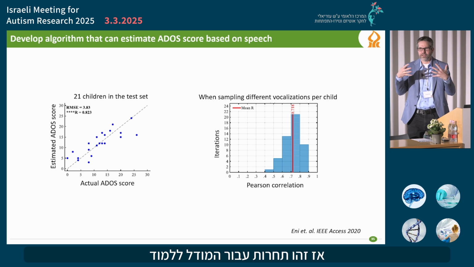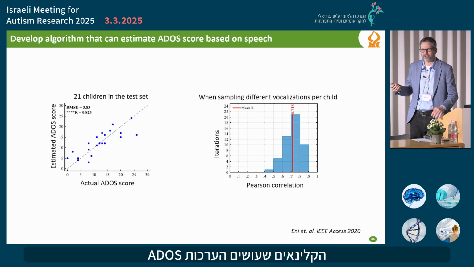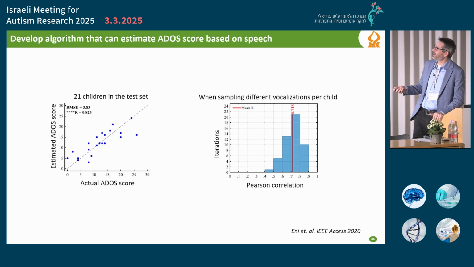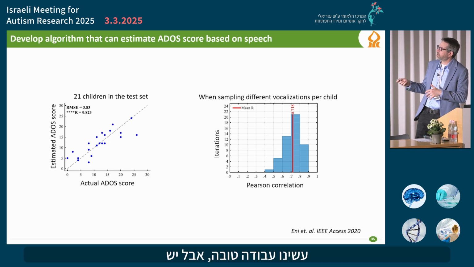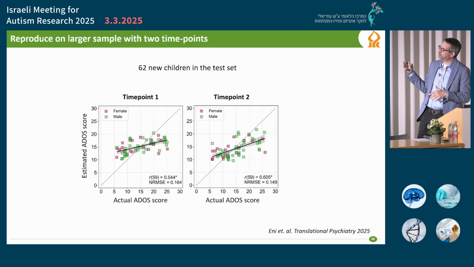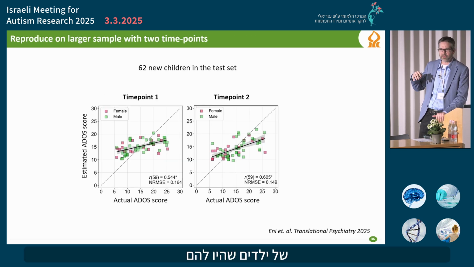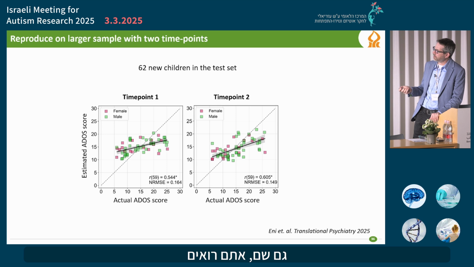And so this is a competition for the model to learn Michal and all the other clinicians who are doing ADOS assessments. And you can see that in this small group, we did a good job, but there's always the risk of overestimating our success. And so we brought in another whole other group of kids who had 2 ADOS assessments 1 or 2 years apart and looked at the model's ability there as well.